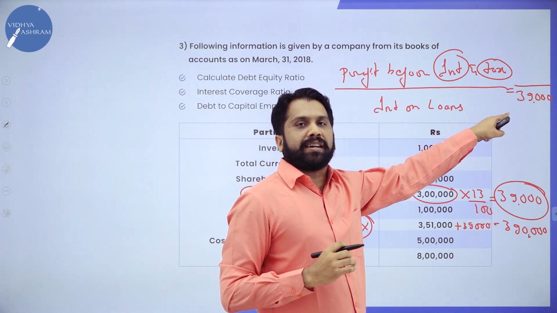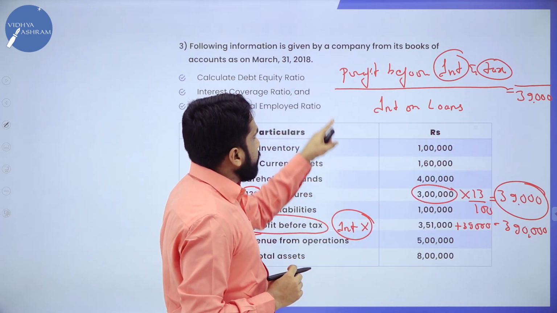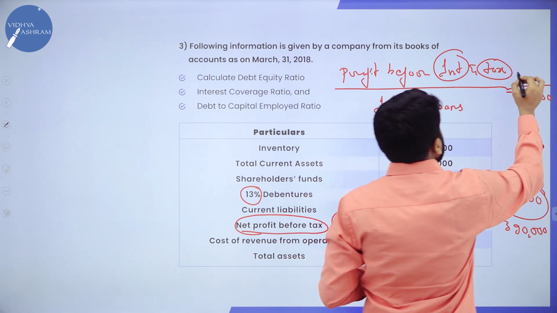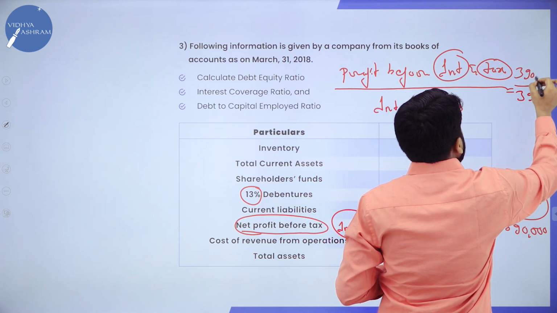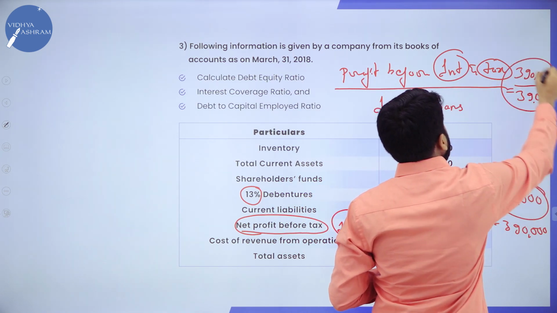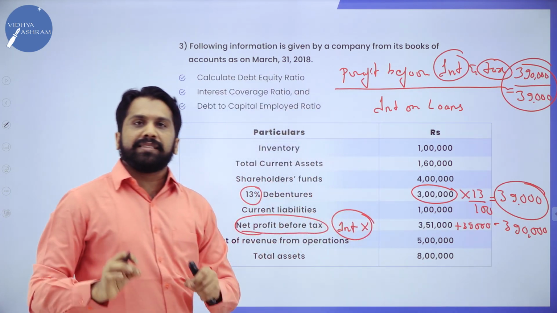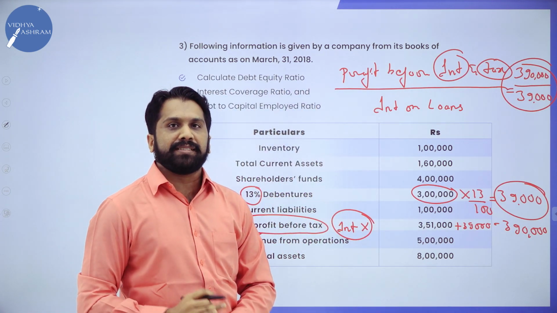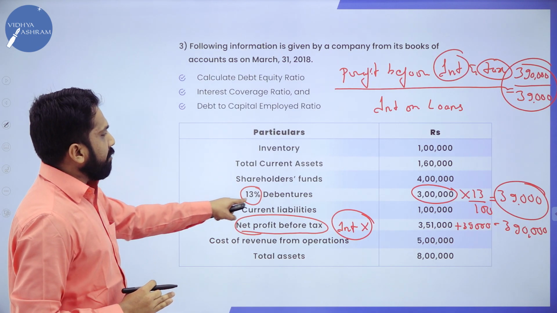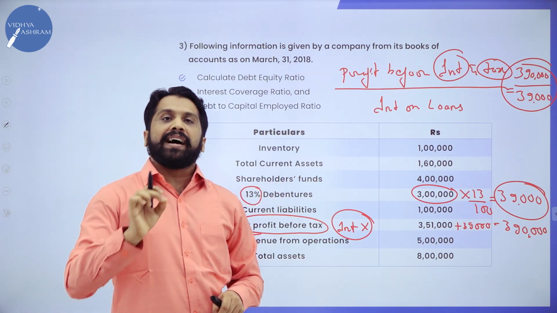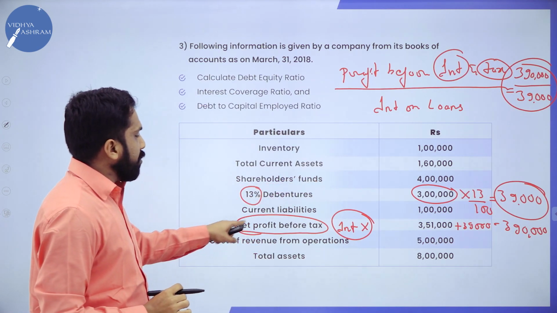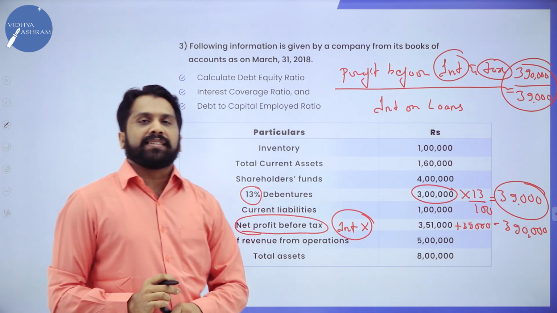Interest you got 39,000 and what is your profit before interest and tax? It is 3,90,000. This much only is your answer. Easy or very easy? Okay. Now you have to find out what is your interest and what is profit before interest and tax.